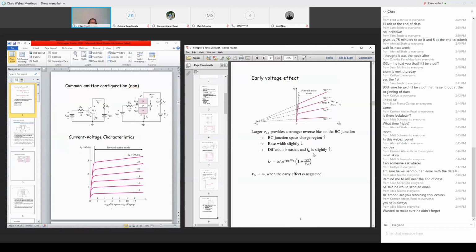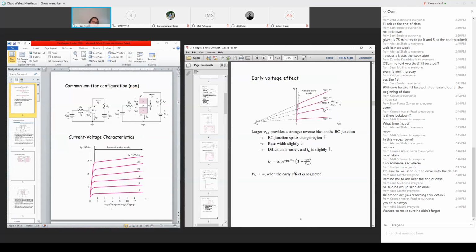So the collector current is slightly larger, not drastically larger, just slightly larger. So we have these tilting curves. However, if you extrapolate all these tilting curves, they join at a single point. So this is a linear behavior.